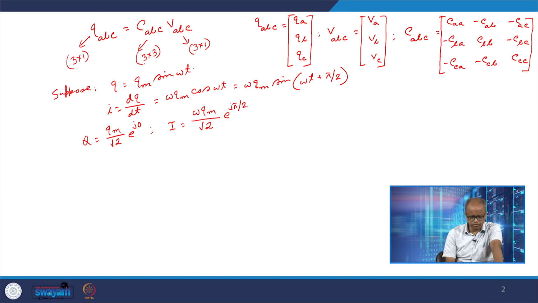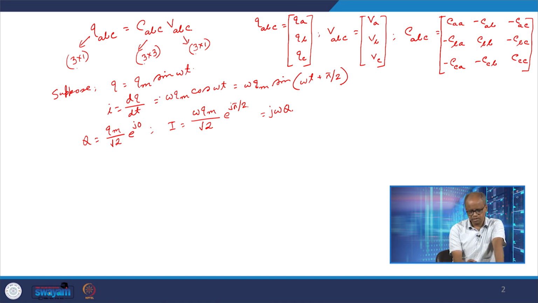Right, so then I can say that it is basically j omega q, because e to the power j pi by 2 would be represented by j, omega is omega, and Qm by root 2 into e to the power 0 is q. So it is j omega q.